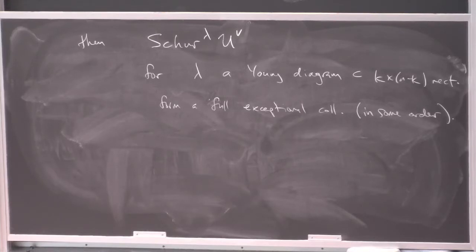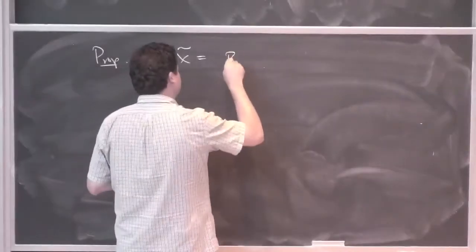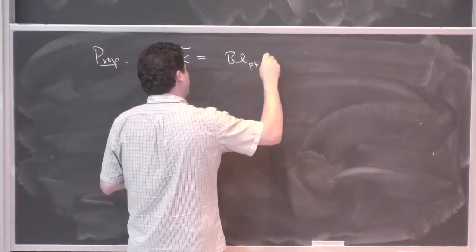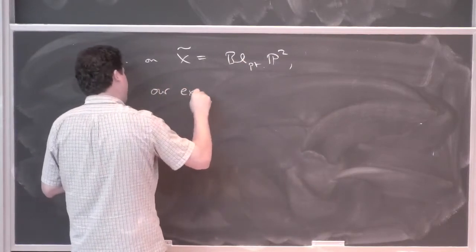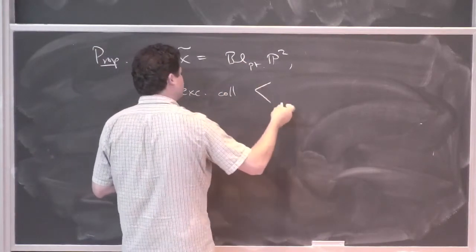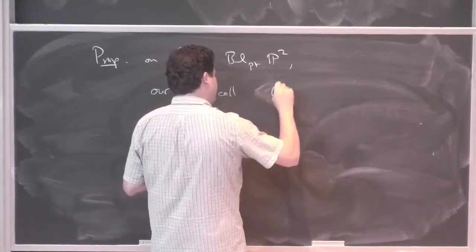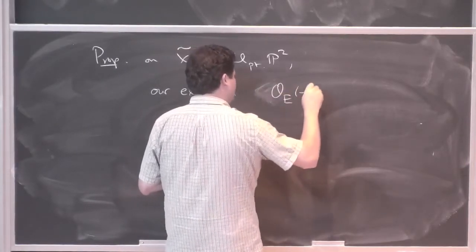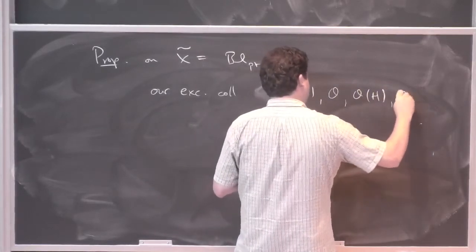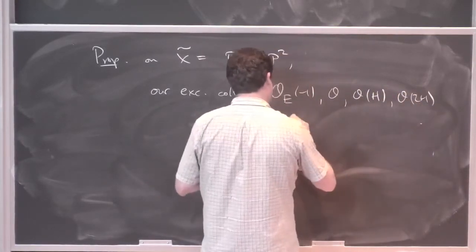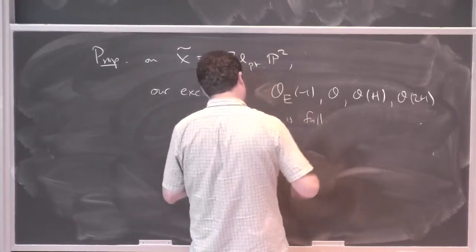Next, here's a proposition. On X tilde, which is the blow up at a point of P^2, our exceptional collection, which was O_E(-1), O(H), O(2H), is full.